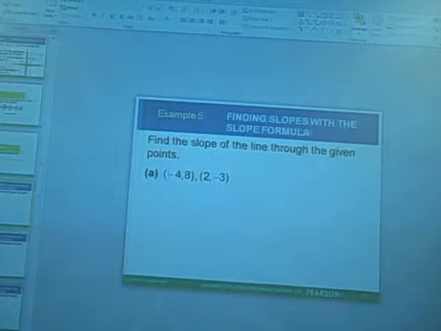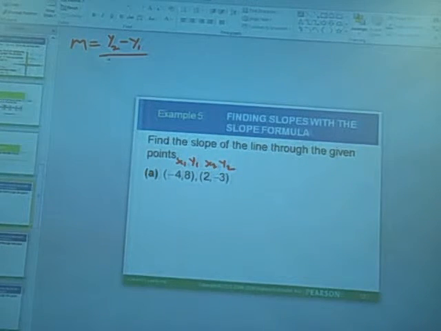So, find the slope of the line given these 2 points. So you want to label it x1, y1, x2, y2. And you're going to be using the slope of 2 points equation, y2 minus y1 over x2 minus x1. Alright, so go ahead and find the slope given those 2 points.